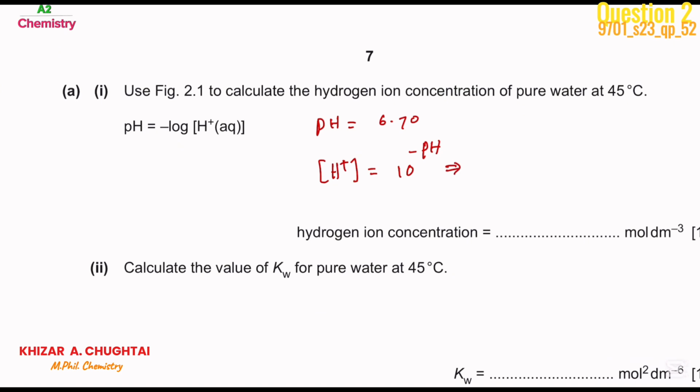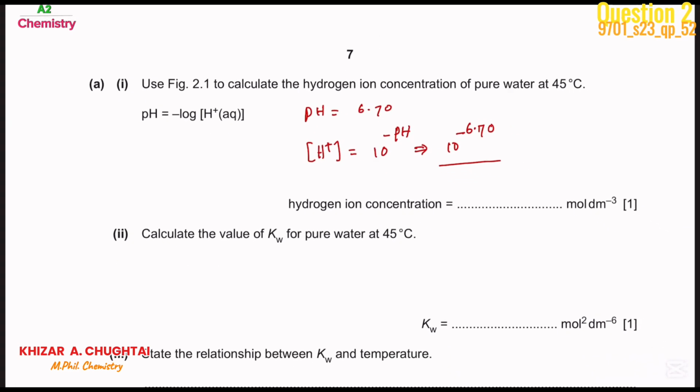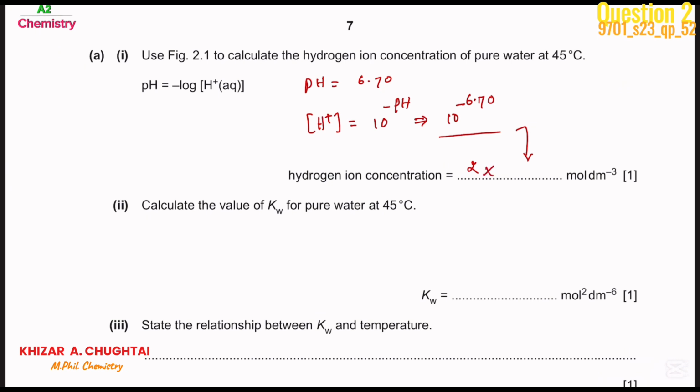And here, 10 raised to power minus 6.70, and this answer is the concentration of hydrogen ion. 2 × 10 raised to power minus 7 is the concentration of H positive ion.